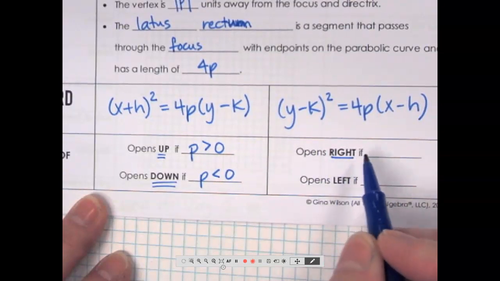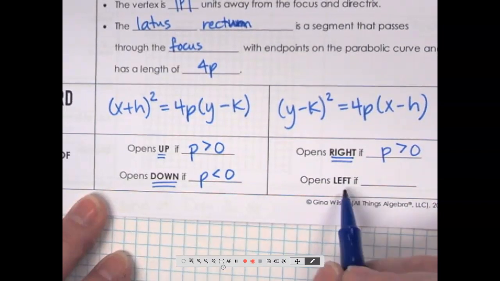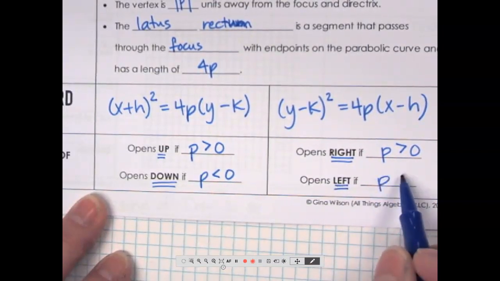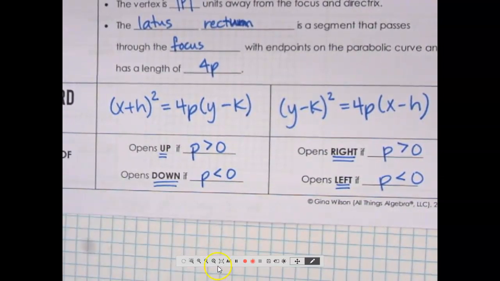It will go right if P is positive, and it will go left if P is negative. Question? All right, let's see how to graph some.